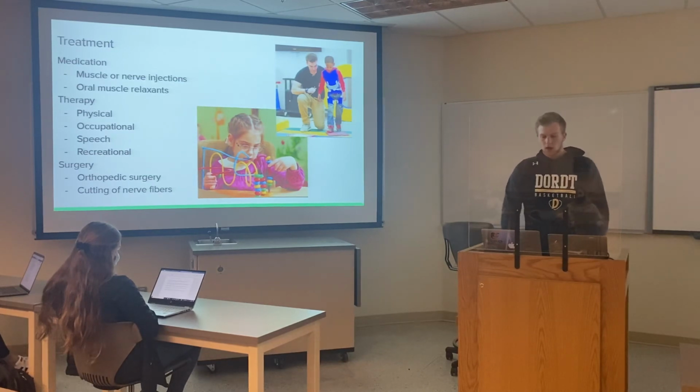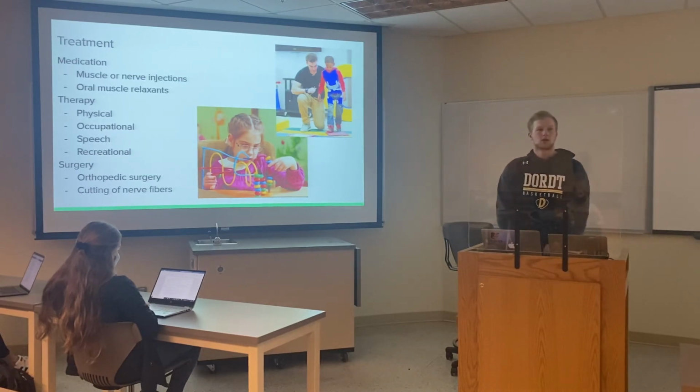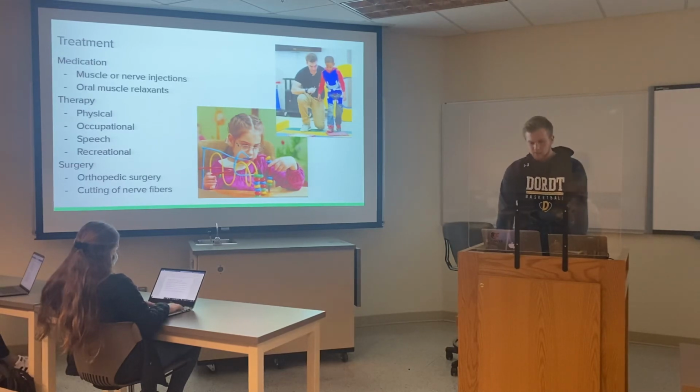And surgery is something we like to prevent if at all possible. However, if we believe surgery can benefit your child and improve their condition, that will be another form of treatment that can be used. Orthopedic surgery involves surgery that is used to treat bone, muscle, or ligament disorders.